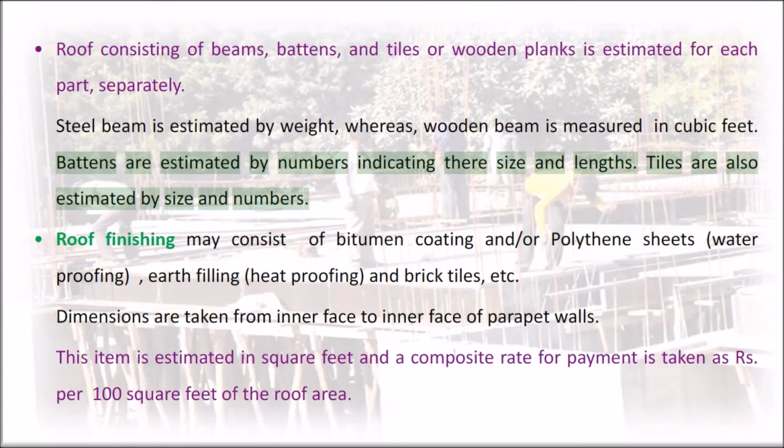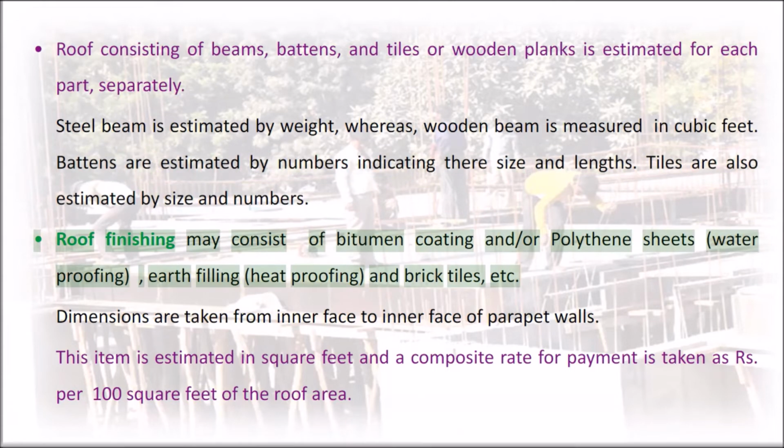Battens are estimated by numbers indicating their size and lengths. Tiles are also estimated by size and numbers. Roof finishing may consist of bitumen coating and or polythene sheets, waterproofing, earth filling, heat proofing, and brick tiles, etc.